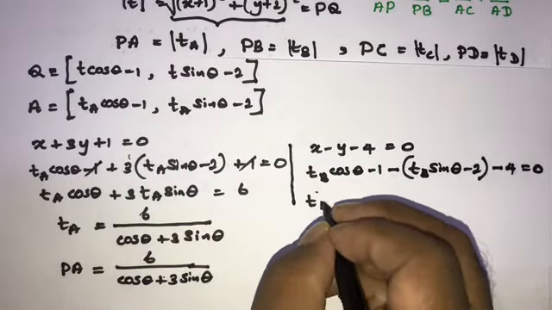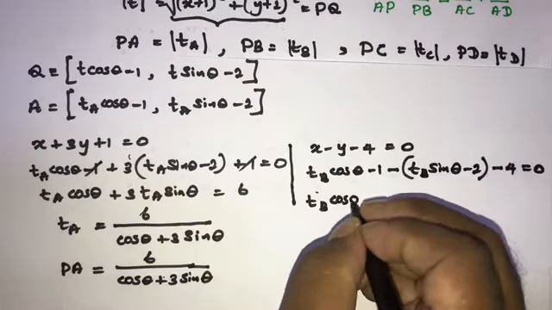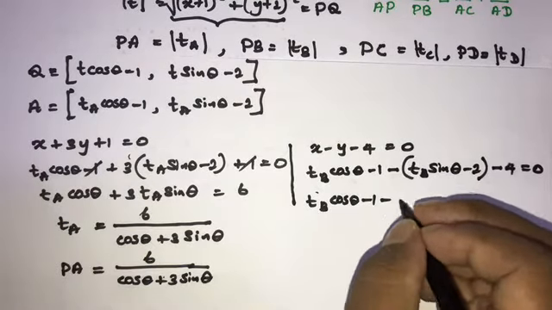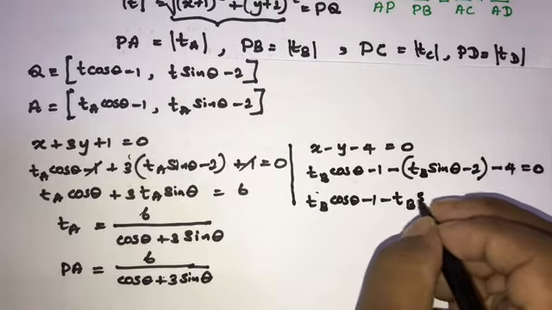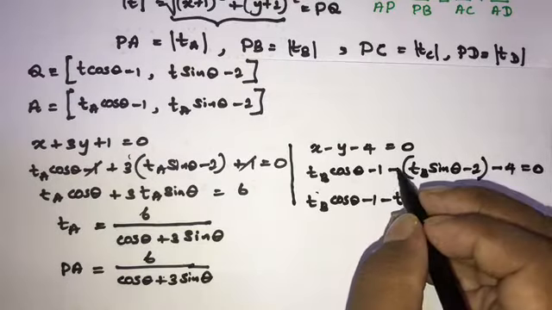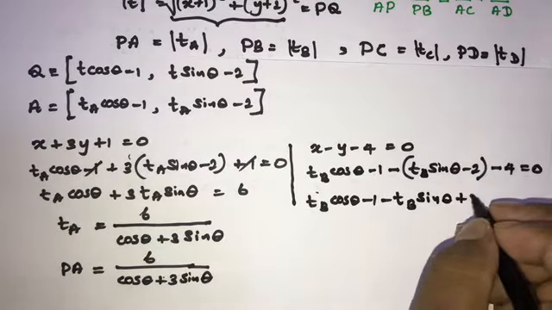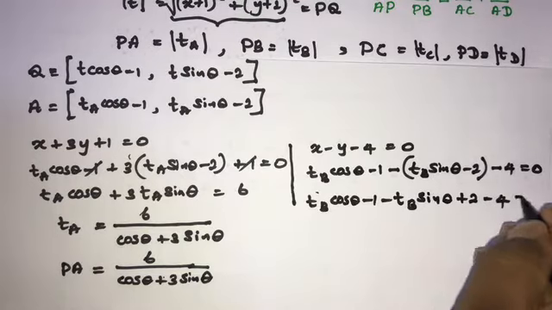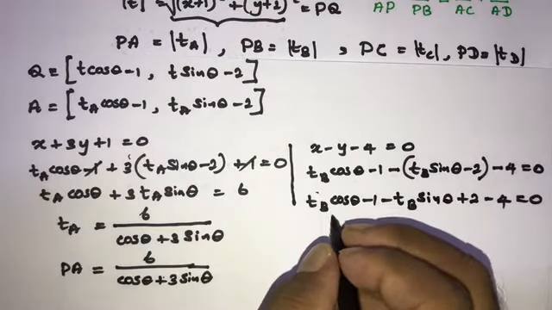So tB times cosine of theta minus 1, minus tB times sine of theta, and minus minus plus 2, minus 4 is equal to 0.